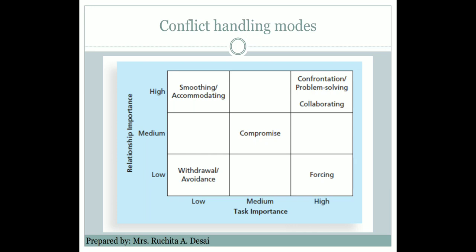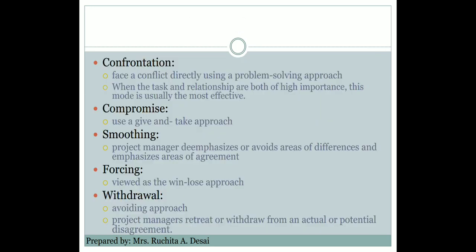The next is smoothing. Here in this mode, the project manager avoids the areas of differences and emphasizes the areas of agreement. They avoid the differences and just consider the agreements. This approach is also called accommodating.